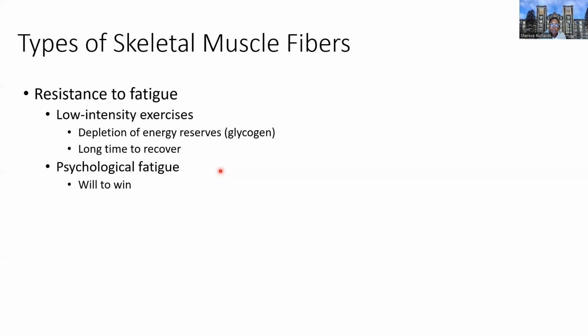When we think about fatigue of muscles, there's usually this psychological component, especially in athletes, where they will usually have this will to win. And that can sometimes overcome the physical fatigue that we're seeing with muscles. So if any of you in here are athletes, I'm sure you've had to tap into this at some point during a really challenging game or a really challenging event where physically your muscles feel exhausted.